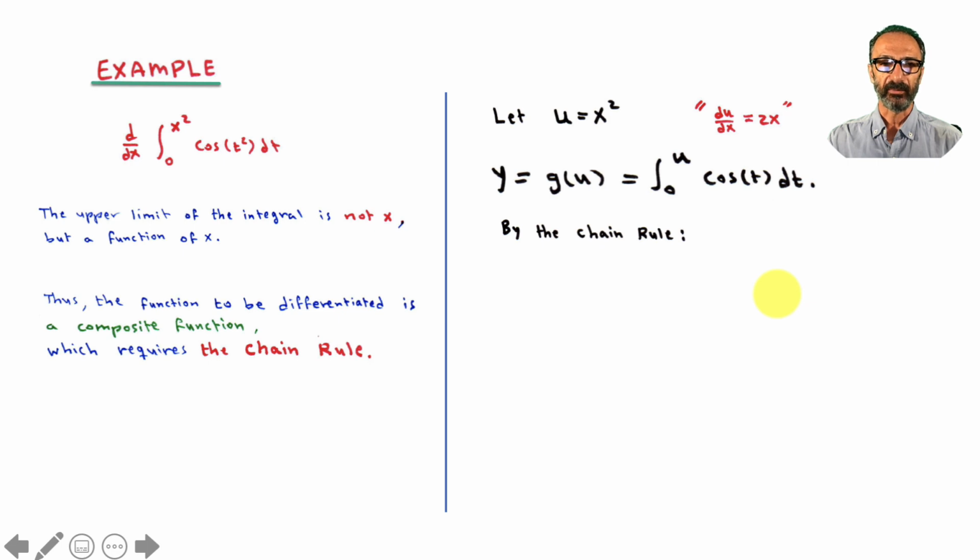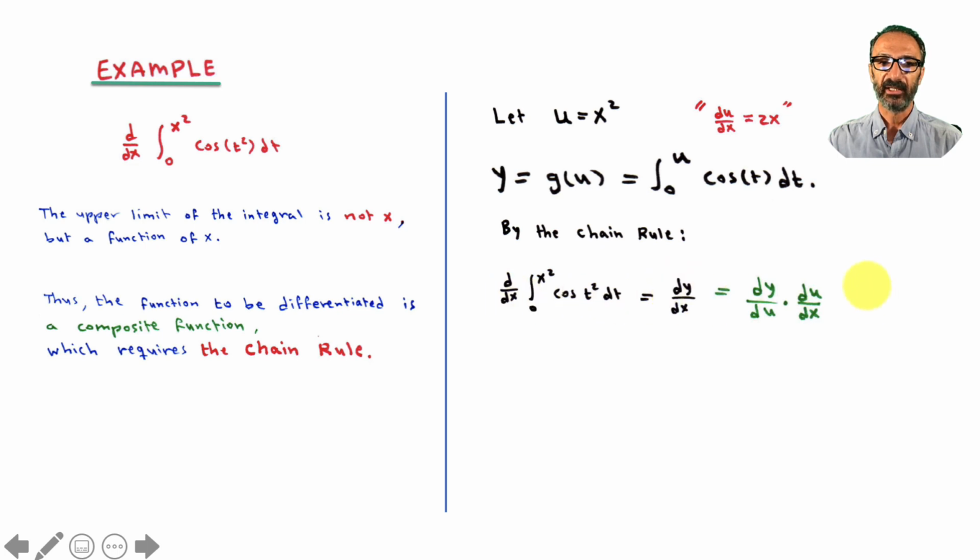By the chain rule, d dx of the integral from 0 to x to the second of cosine t to the second dt equals dy dx. This is my y, and here I should have t squared. I just noticed that it's a typo. All right, now dy dx, this is y and this is d dx.